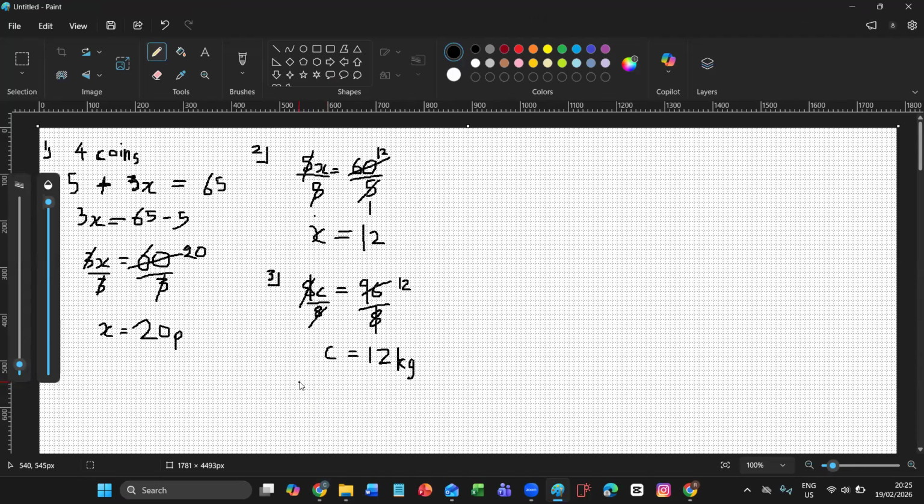Yes, sir. If you want to use M to represent it, the how many more will be equal to 12 minus 5. And 12 minus 5 is 7 kilograms.